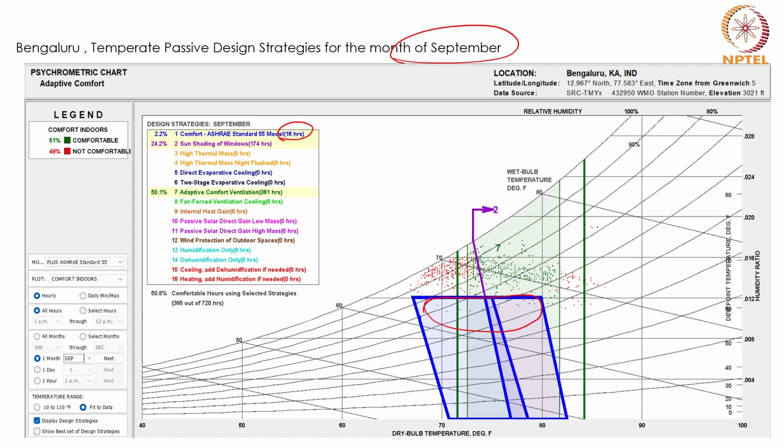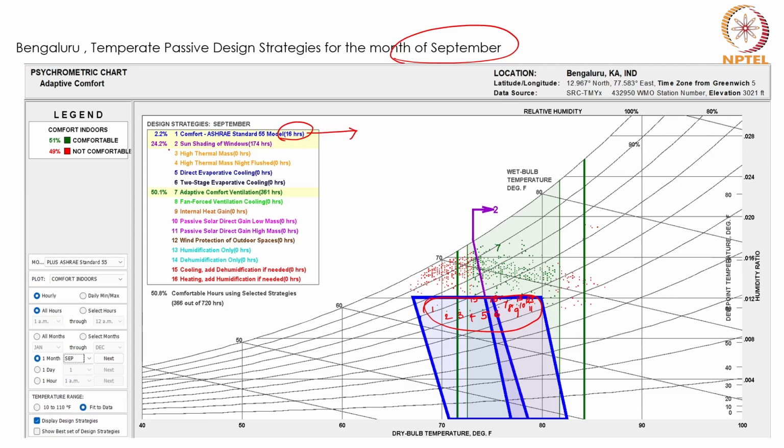So, these 16 hours remain comfortable by itself.